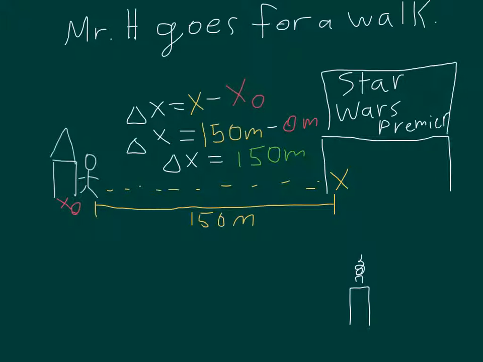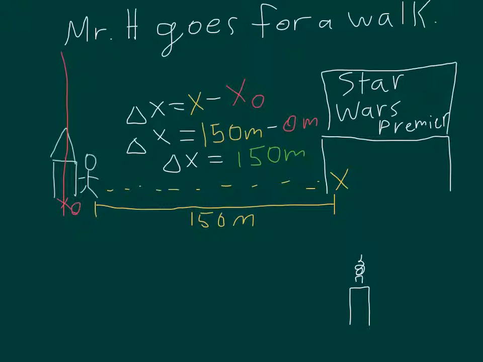All right, and it's important to note that in this case, because I originated at my house, I decided that in my set of directions, in my little coordinate system, right here, this is my origin, and everything is measured relative to this point.